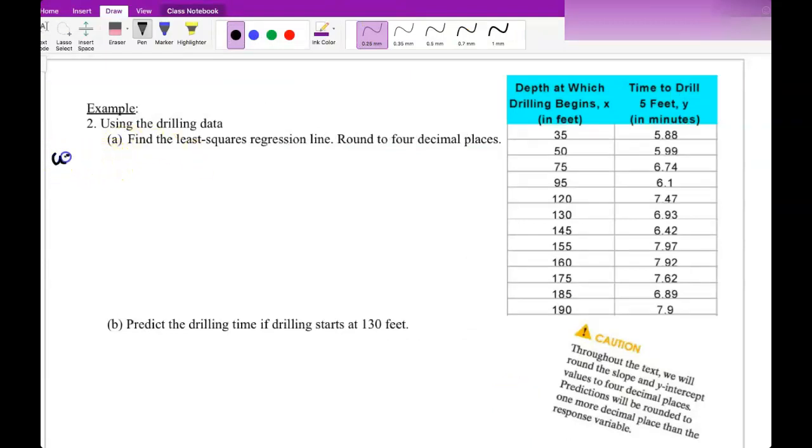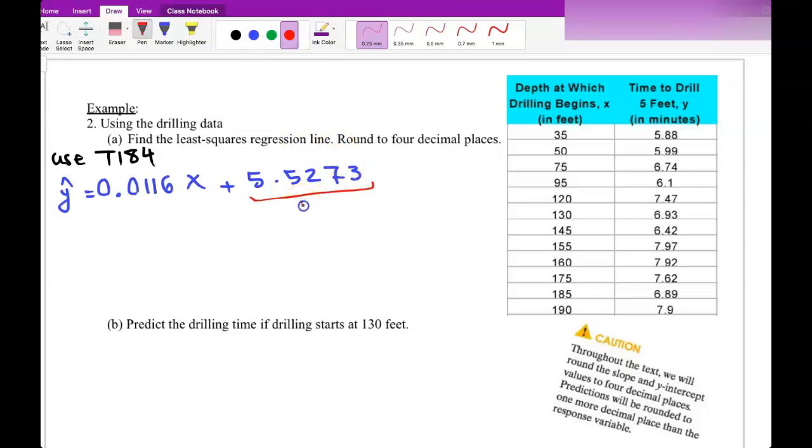Okay, so using the TI-84, I got the answer for this least square regression line. This is equal to 0.0116, so this was our slope, multiplied by x, plus 5.5273.